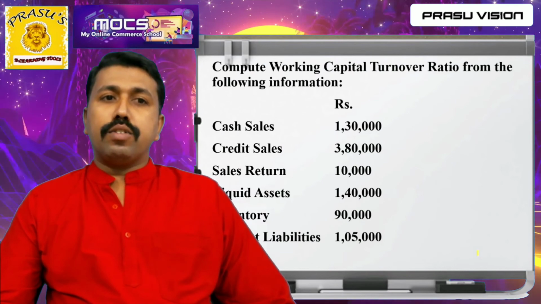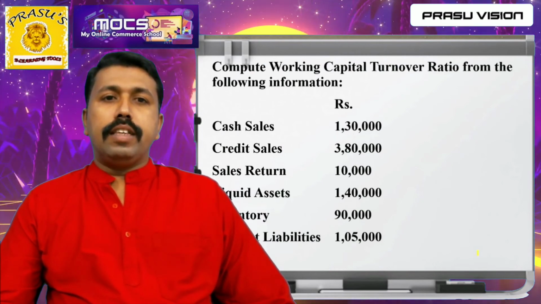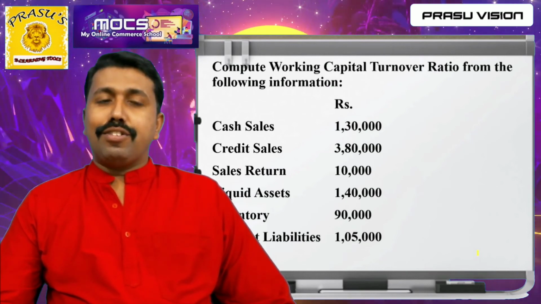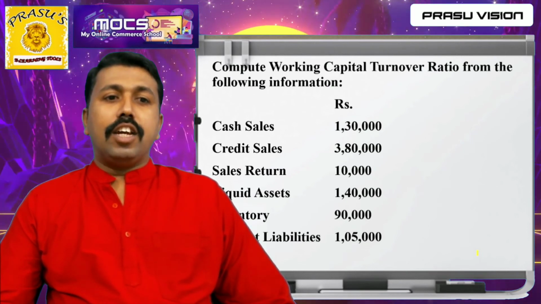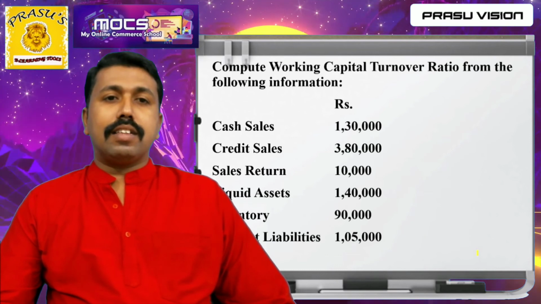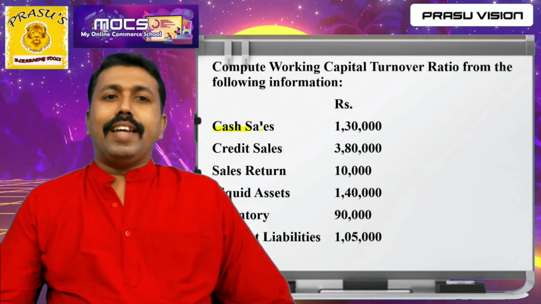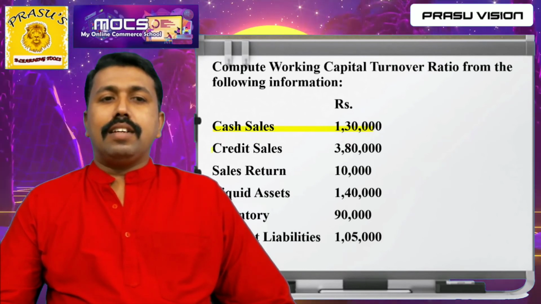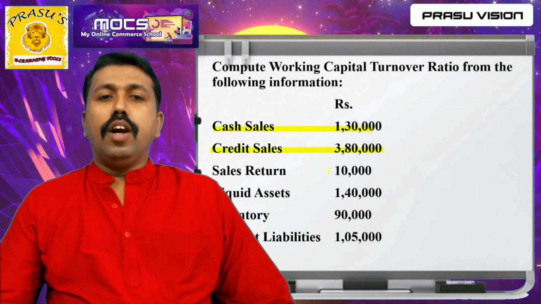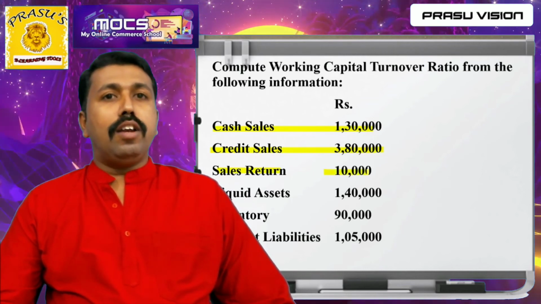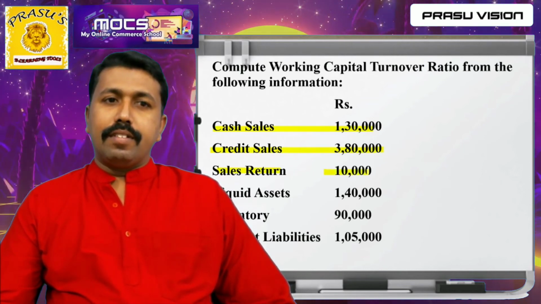Let us solve another question. We have to calculate the value of working capital turnover ratio. Cash sales, credit sales, sales return, liquid asset, inventory, current liability, all the things are there. We can use the total of cash sales 1 lakh 30 plus credit sales 3 lakh 80 minus sales return 10,000, and we will get the value of what?